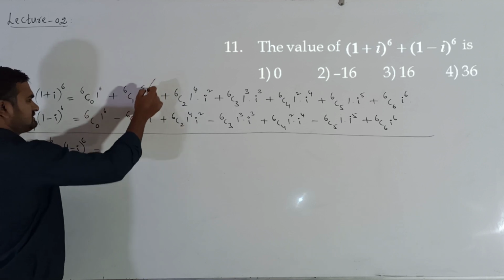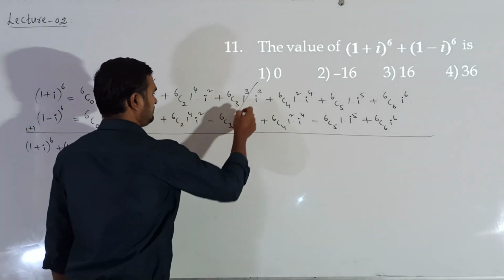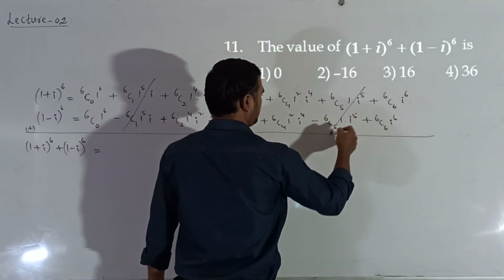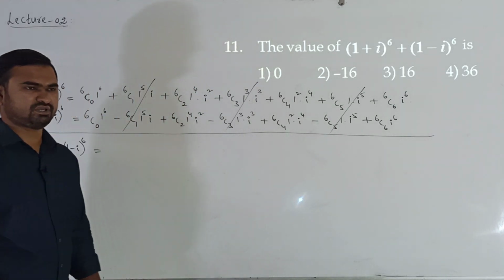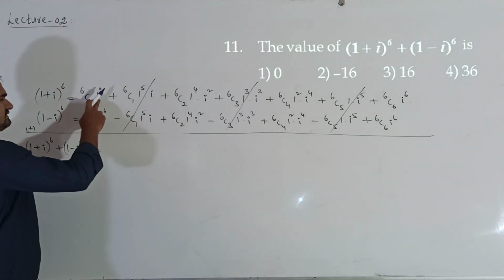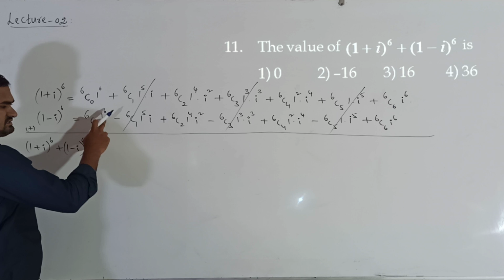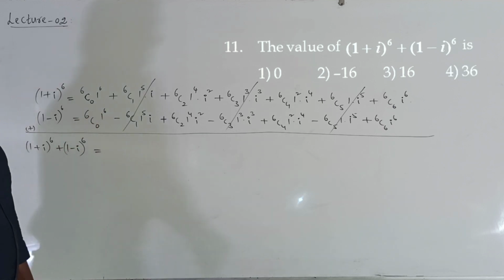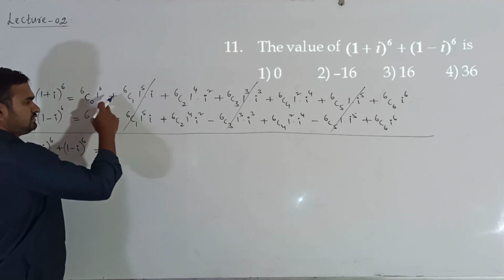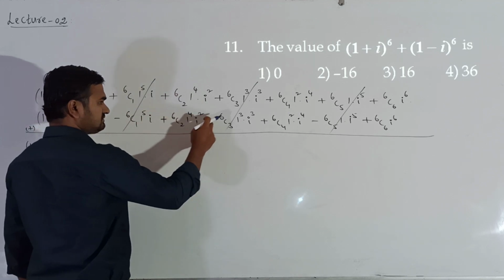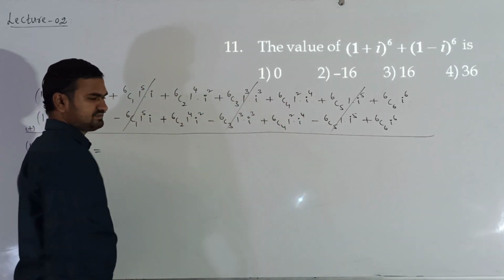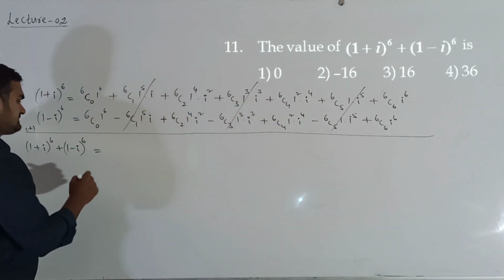So the positive and negative terms get cancelled. Adding 6C0 into 1^6 and 6C0 into 1^6, we get 2 times this term, 2 times this term, like this. So each term is repeated 2 times.